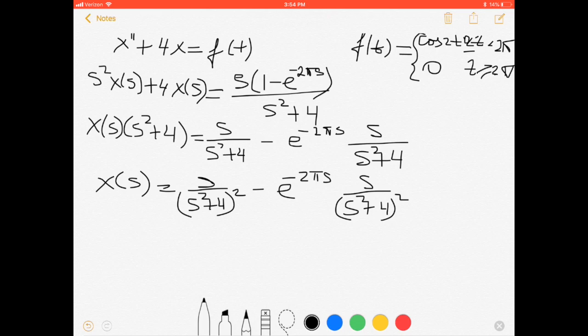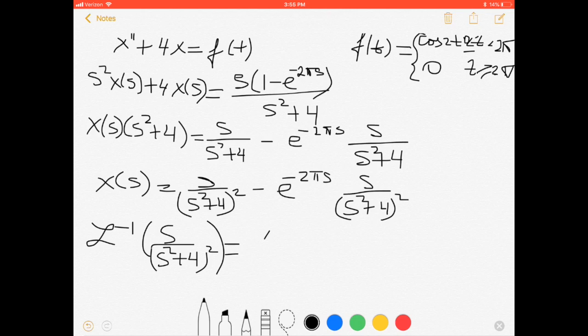And now we try to use inverse Laplace transformation. First, inverse Laplace transformation of s over (s squared plus 4) squared, how you remember? It will be 1/4 t sine 2t.